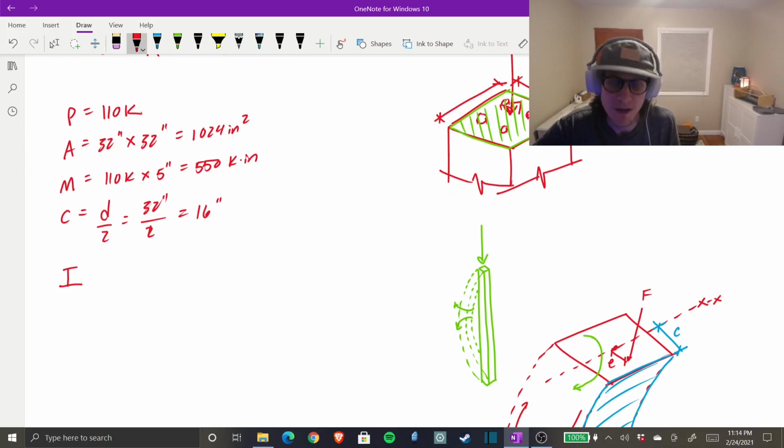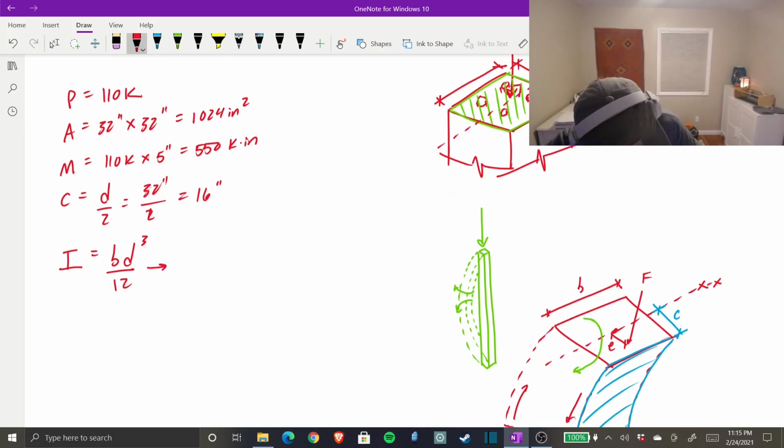I is your moment of inertia. And for rectangles, I is equal to BD cubed over 12. That's just for rectangles. We know that this is B. We know that that face is D. So for a perfect square, we know that B equals D, which means we could rewrite the equation for moment of inertia for a square to be D to the fourth over 12.